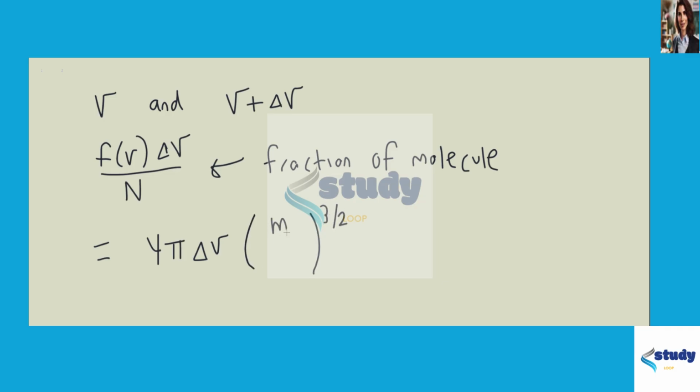Well, might as well: m over 2 pi kT, v squared, e to the negative 1/2 mv squared over 2kT.